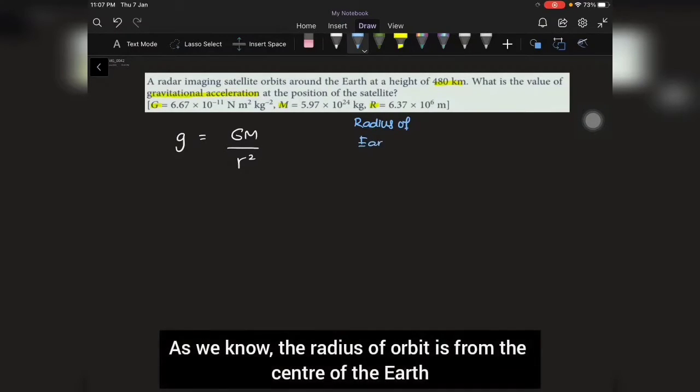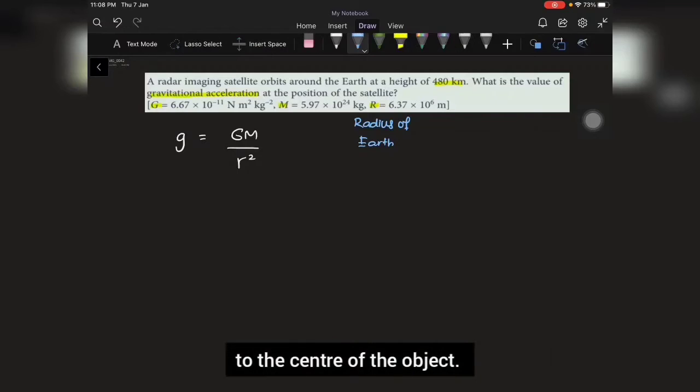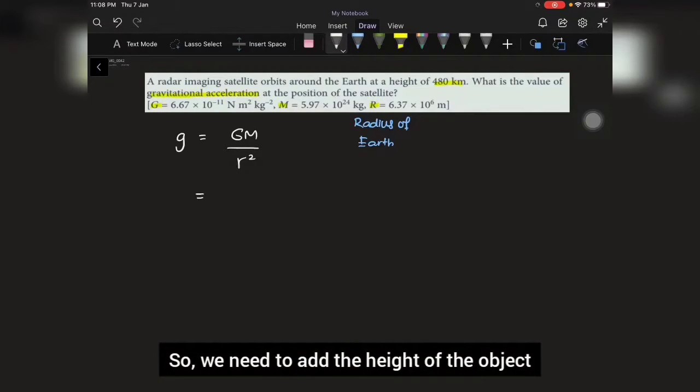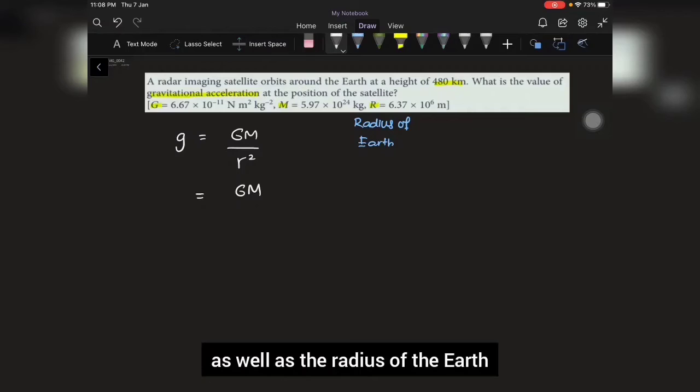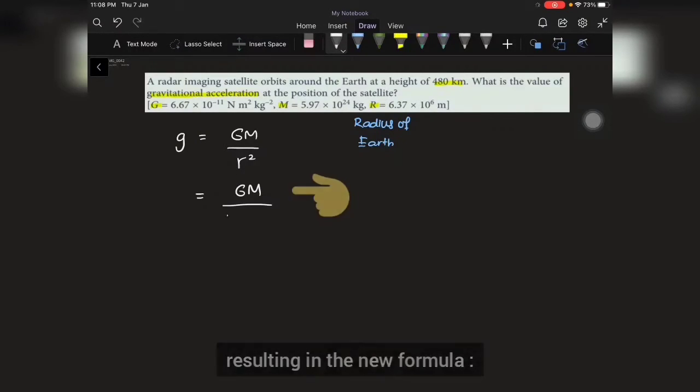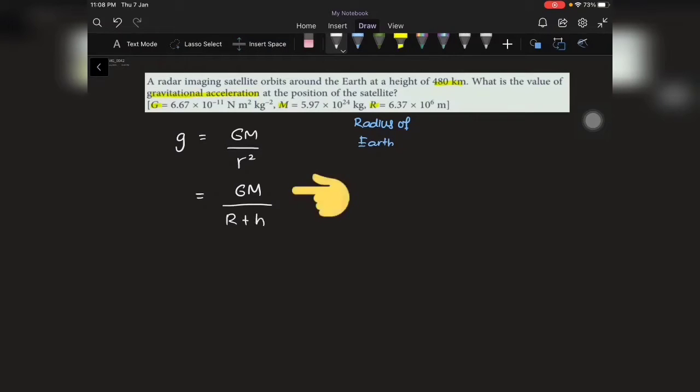Now, as we know, the radius of orbit is from the center of the Earth to the center of the object. So we need to add the height of the object to the radius of the Earth, resulting in the new formula GM over (R plus h) squared.